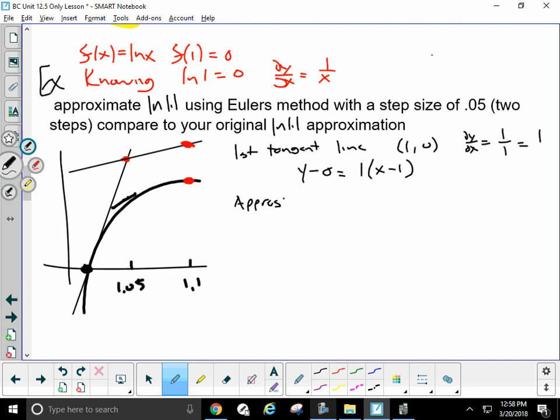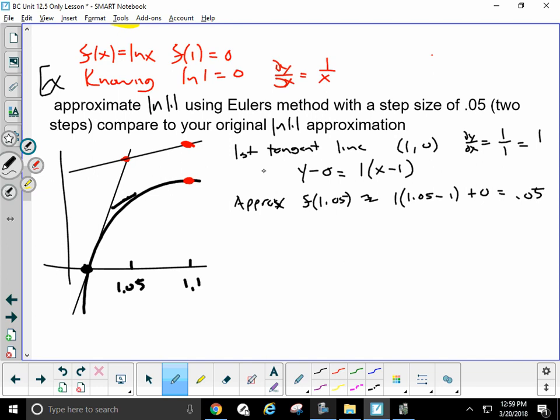I will then approximate not f of 1.1, but f of 1.05, which will be 1 times (1.05 minus 1) plus 0, which is just 0.05. Follow me so far?